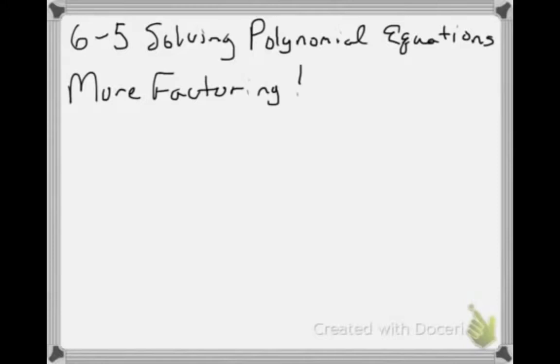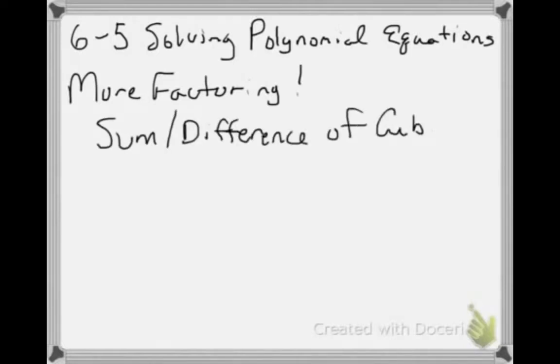But I have to show you some tricks and techniques to factor polynomials of higher degrees. There are 3 that your book shows you in this section, so this video is just going to be talking about the factoring component, and then in subsequent lessons and videos, we'll put that together and use these factors to physically solve the equation. Okay? So the first trick is the sum and difference of perfect cubes.